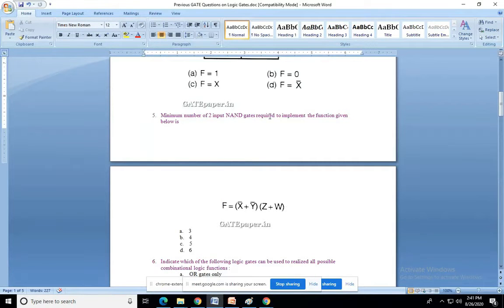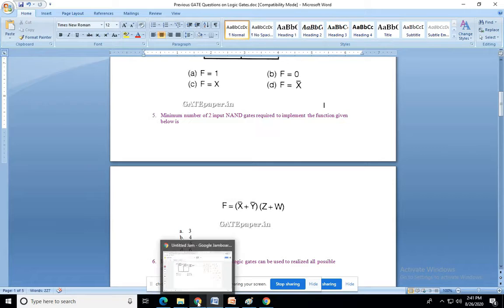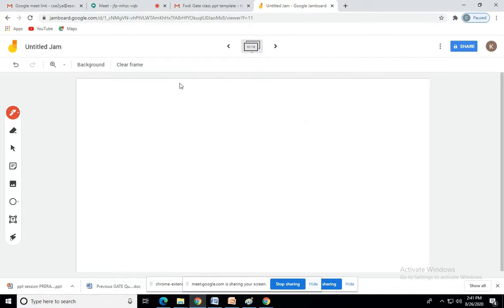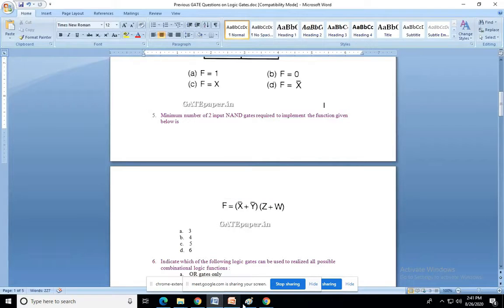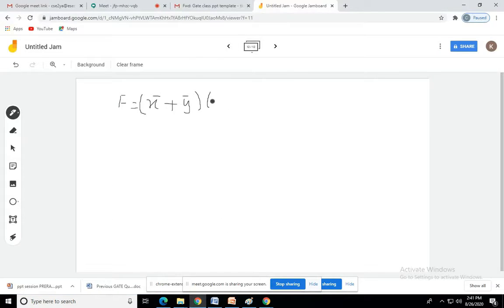So, the number of two input NAND gates required to implement the function given below is: f is equal to (x' + y')(z + w)(z + w).